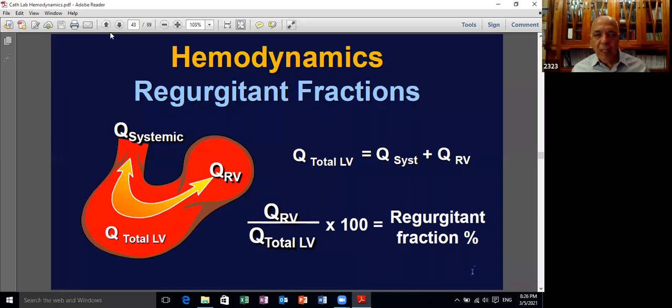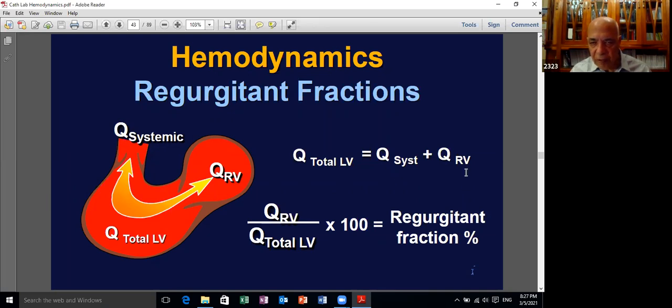Now we move to calculating the regurgitant fraction. This is an example of mitral regurg. If you have the left ventricular ejection, it goes into both directions, the forward direction, which is the systemic blood flow, and the backward direction, which is the mitral regurgitation flow. So the total left ventricular volume will be equivalent to the summation of the systolic forward flow plus the regurgitant flow.